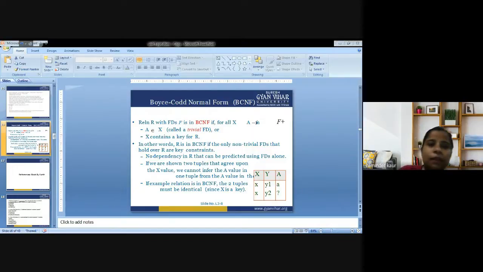There is one example being given for your reference. You are supposed to find the highest normal form for a relation R, which is given with five attributes A, B, C, D, E with functional dependencies: BC is deriving D, AC is deriving BE, and B is deriving E. Again, I can show you an example.